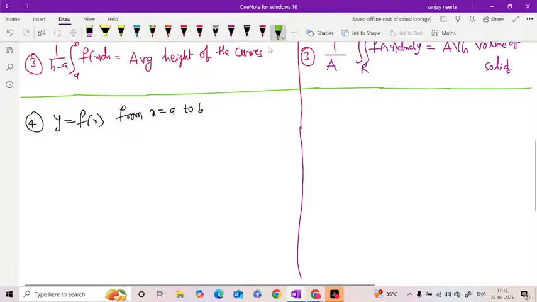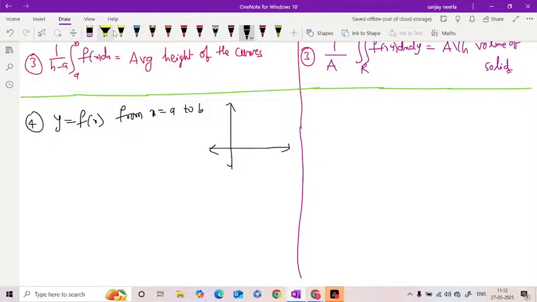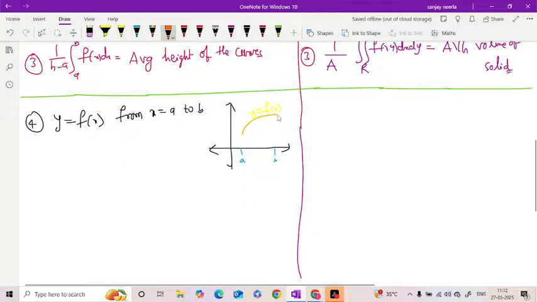Assume this is the y axis and this is the x axis. This is our curve, y equal to f of x, and the limits are a to b. What is the length of the arc?